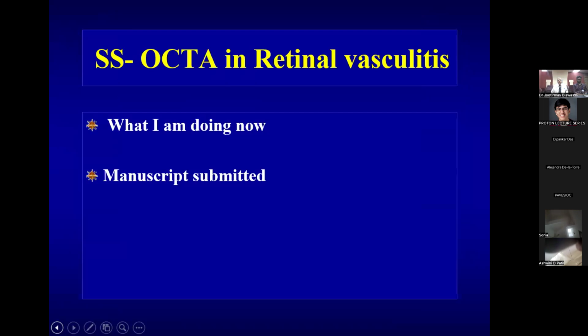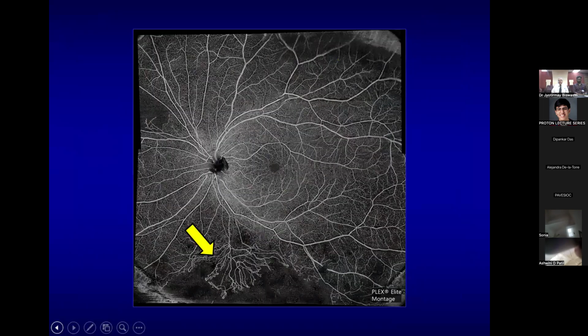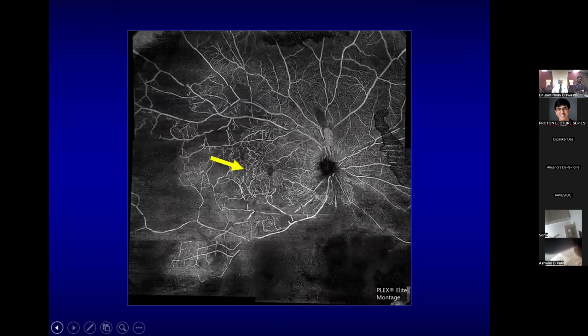What I am doing now is SSOCTA in retinal vasculitis, which is optical coherence tomography angiography. It doesn't show leak, but it can elegantly show the neovascular front and also several vascular changes, like in the macular area, where we could see vascular alterations.